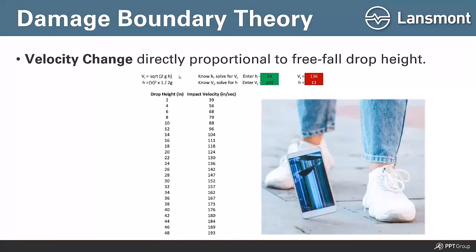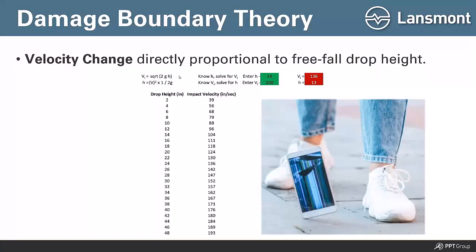A very simple formula, but basically, if I drop anything in the real world on the ground or on the floor, and I know how high I dropped it, I can tell you how fast it's going when it hits the ground, the impact velocity. Why? Because g, which is acceleration due to gravity in that formula, is a constant, right?